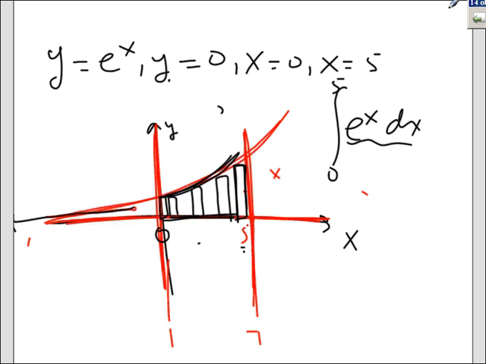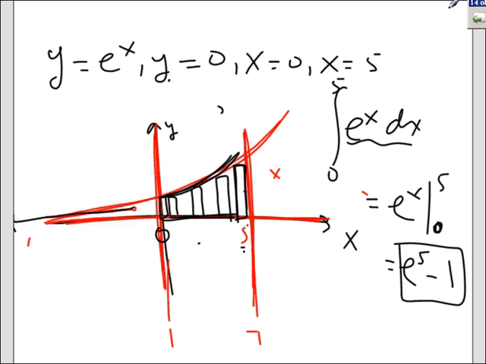Ooh, simple integral. The integral of e to the x dx is just e to the x. And you go from 0 to 5. So you get e to the 5 minus e to the 0. When you put 0 in for x, you get e to the 0, which is 1. There's your answer. That's the exact area in here.